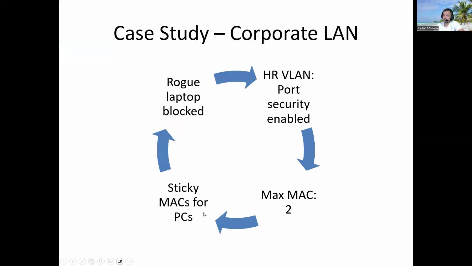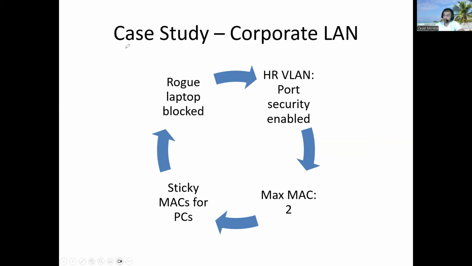Let's continue moving forward. Now we have the case study, corporate LAN: HR VLAN with port security enabled, maximum 2 MACs, sticky MACs for PCs, rogue laptop block. That is another example of a case study in a corporate LAN. Let's try to digest this a little bit better because it's just too much information at the same time.